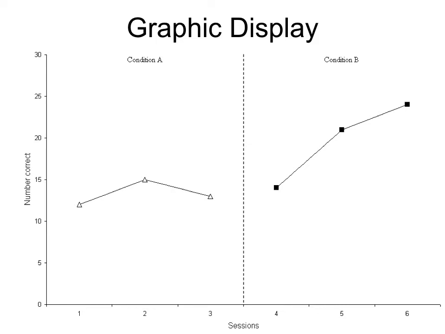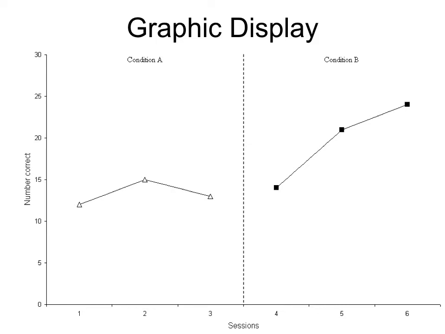For your practicum report, you are going to implement an intervention and you will use an A-B design. So you will have condition A, condition B. For condition A baseline, you will have at least 3 stable baseline data, which means you will have 3 or more baseline observations, and then you will move on to condition B and you will implement the intervention you choose.